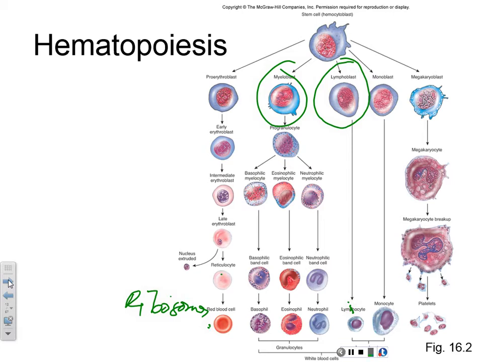So the myeloblasts give rise to granulocytes, which are basophils, eosinophils, and neutrophils. And then the lymphoblasts, of course, give rise to the lymphocytes and the monocytes. Then the megakaryoblast gives rise to the megakaryocyte, and then to the platelets.